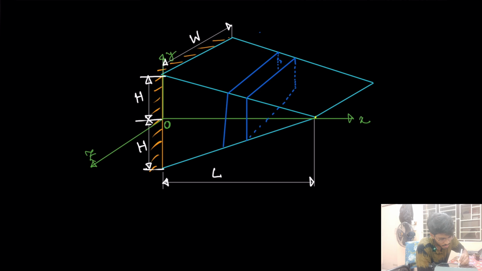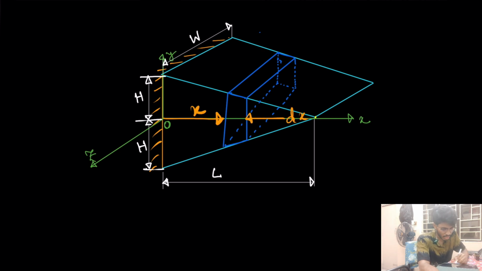Clear? So this is our elemental control volume, and this is at a distance x. This distance is x and this width is dx.